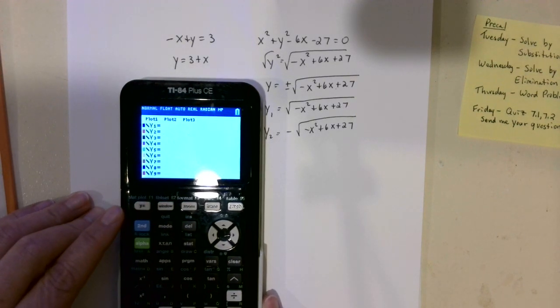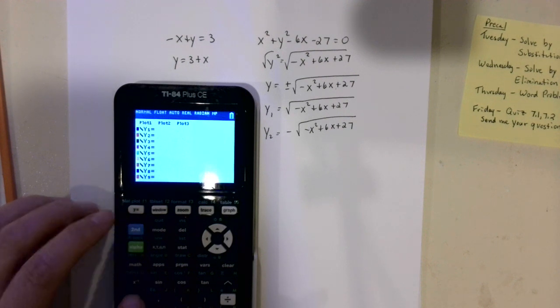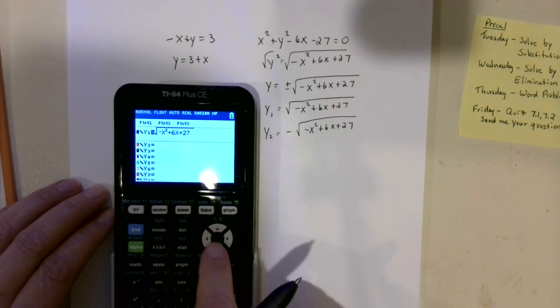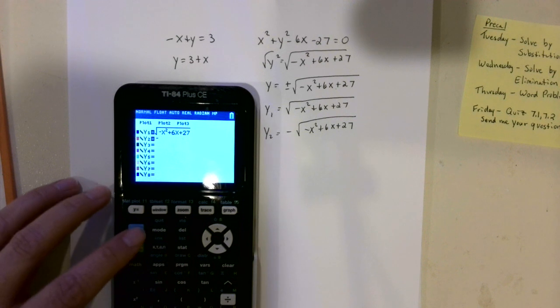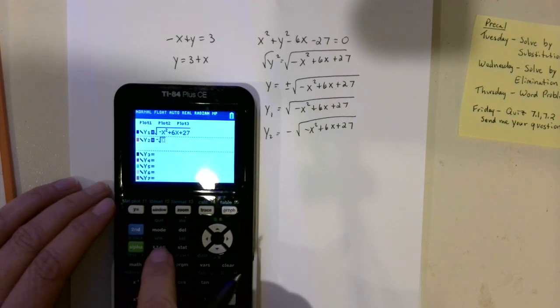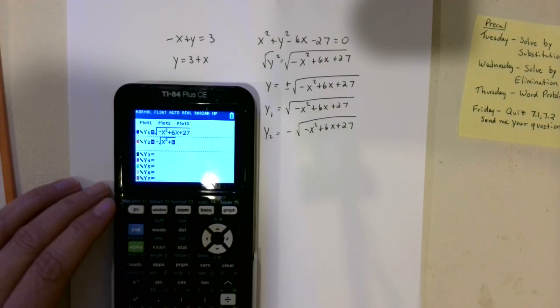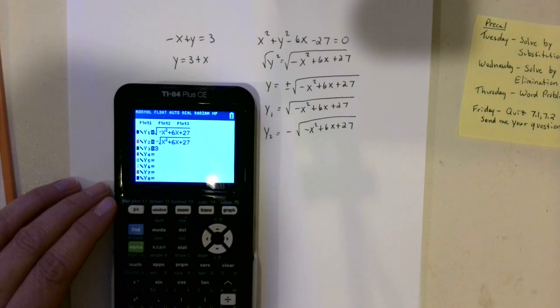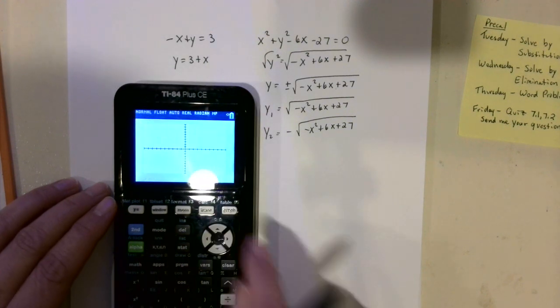I'm going to put the square root of negative x squared plus 6x plus 27 as y1. Then I'm going to have the negative square root of negative x squared plus 6x plus 27 for y2. And for y3, I'm going to put the linear 3 plus x, and we hit graph.